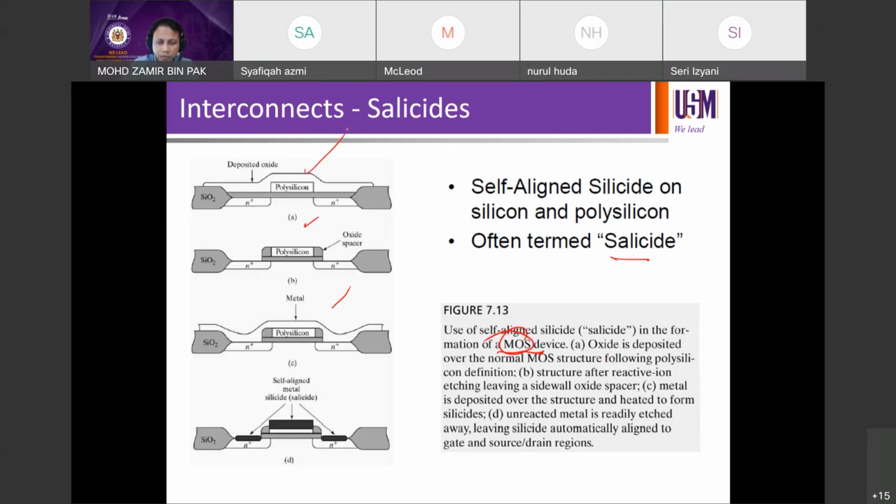B is the structure after RIE leaving the sidewall oxide spacer. This is the RIE here, leaving the spacer. So what is C? Metal is deposited over the structure and heated to form silicide. The metal is deposited, then you anneal. So there are many ways. Unreacted metals are readily etched away. This is also possible.